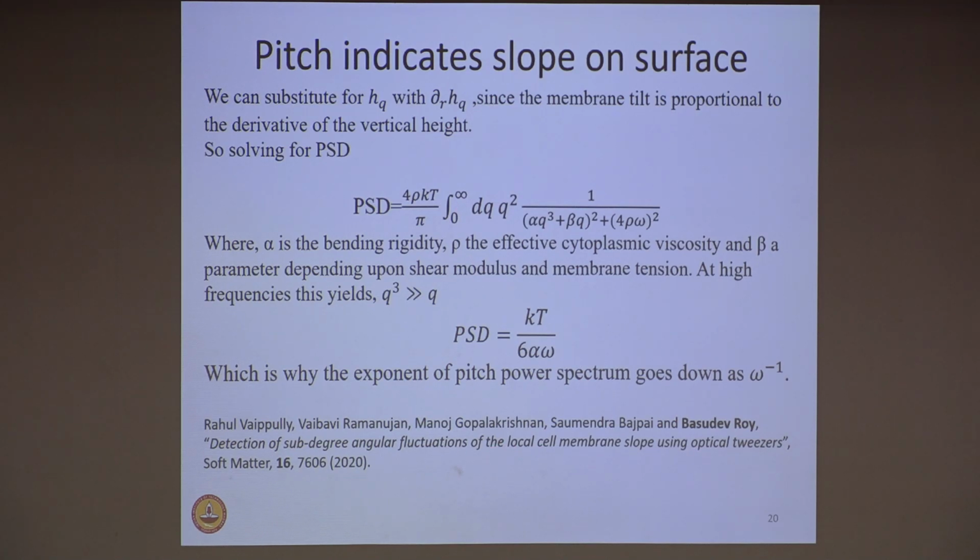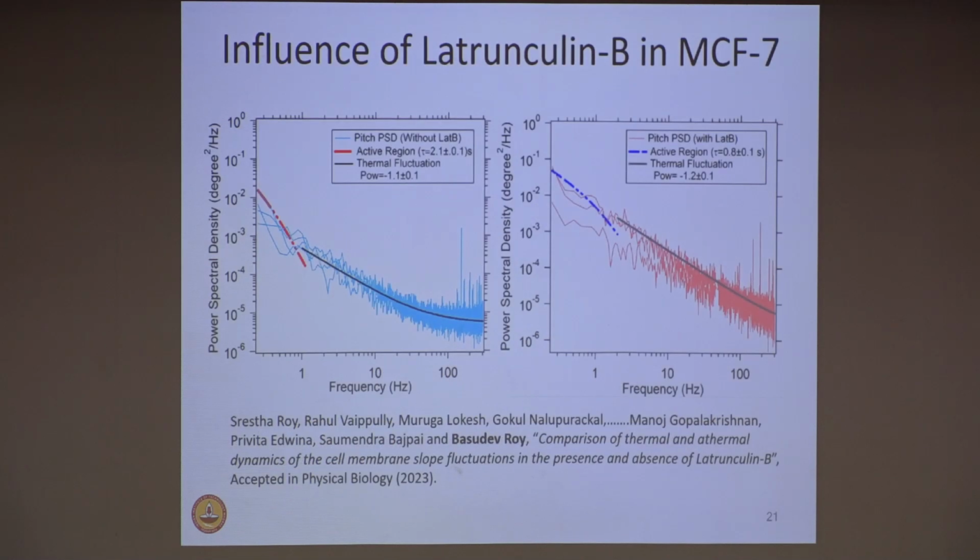And then we moved ahead and tried to use it. One of the first applications that came to my mind was this: because of actin activity, there's a cytoskeletal network underneath the membrane. It's called the cortex. If you depolymerize the cortex, what happens?